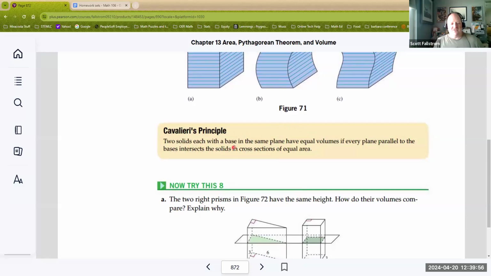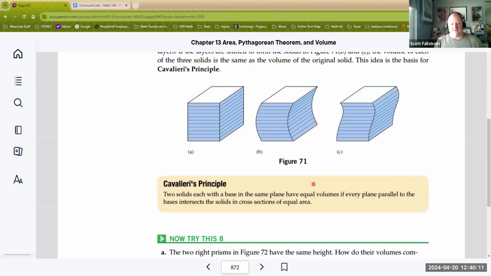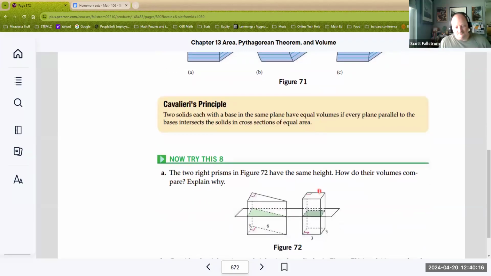So two solids with a base in the same plane have equal volumes if every plane parallel to the bases intersects the solids in cross sections of equal area. So again, if you slice across, you get exactly the same area, then it's going to work just fine.